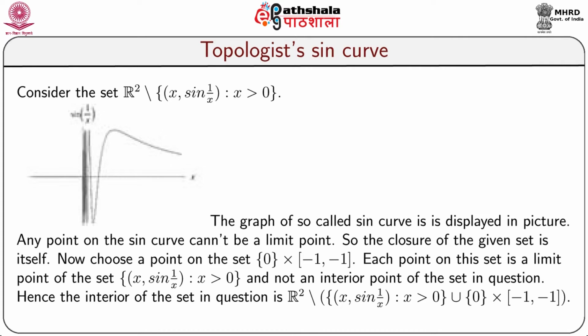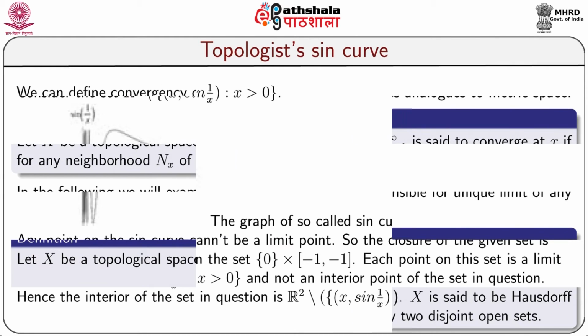We can observe that if this graph is removed from R2, then its interior will be just this set, but its closure will include the set singleton 0 cross minus 1 to 1.